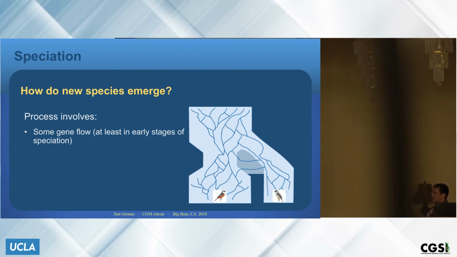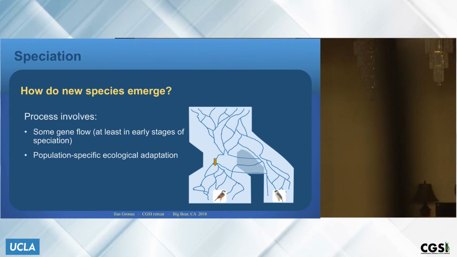And then, for their genomes to diverge and for the phenotypes to diverge, they're going to have some adaptations that create really diverging genomes. And you think about it, gene flow and adaptation counteract. Gene flow homogenizes the genomes of these separate species, whereas adaptation would push them to diverge.